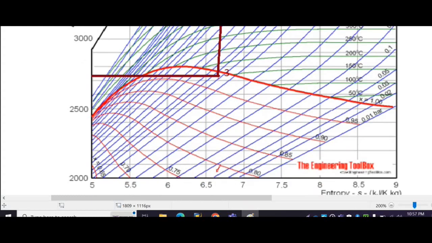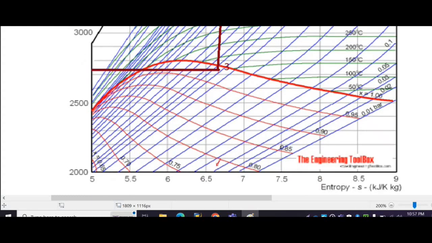Why a vertical line? Because this expansion is also isentropic. So we will draw one vertical line from point 3 and continue it up to this. This point will be point 4, and we will write here point 4.